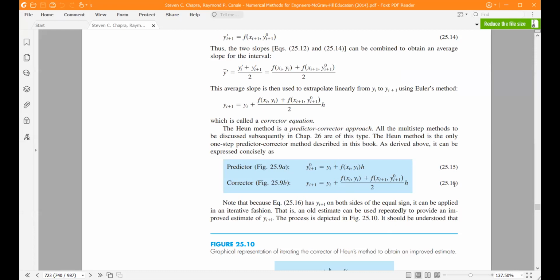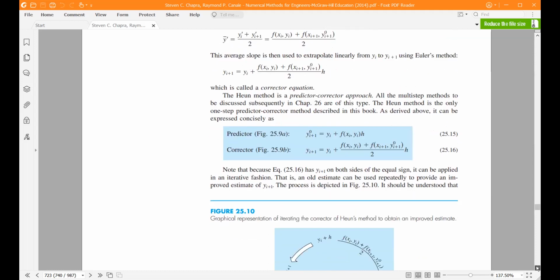You see in equation 25.16, your yi plus 1 is on your left hand side as well as your right hand side, isn't it? Yes, sir. If this is the case, then the corrector equation can be repeatedly calculated for a particular time step to refine the value yi plus 1. This is illustrated in this example.